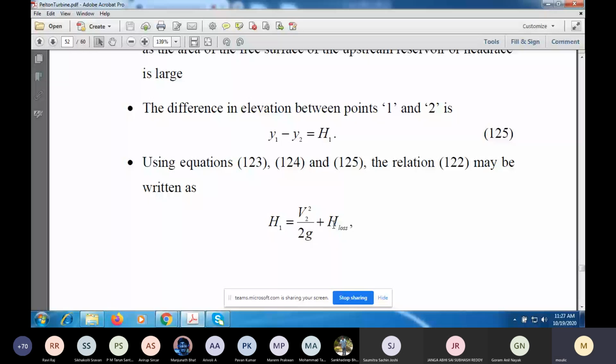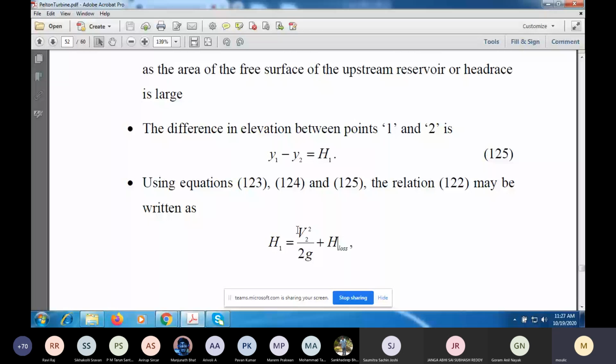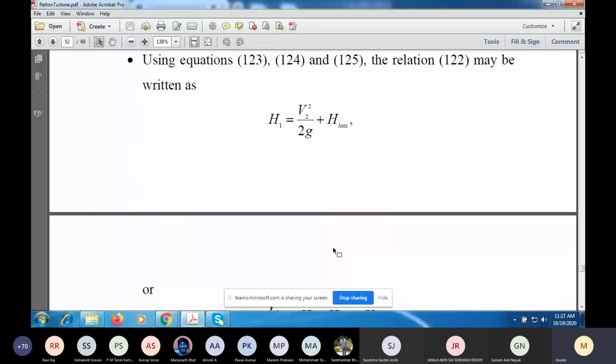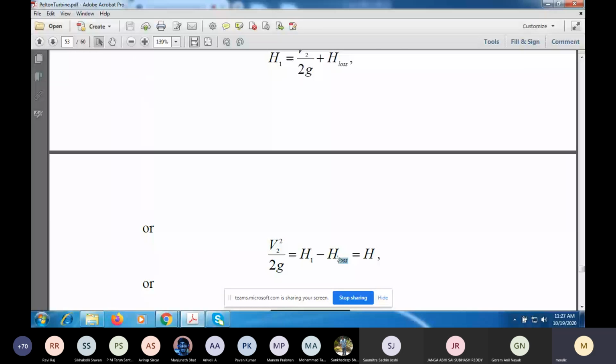So the left hand side is actually the potential energy. This is the kinetic energy and this is the head loss. So V2 square by 2G then is H1 minus H loss, which we have defined as H, the available head. So you can see why this definition is useful. H1 was a gross head, okay, which you can find from the geometry of the figure.